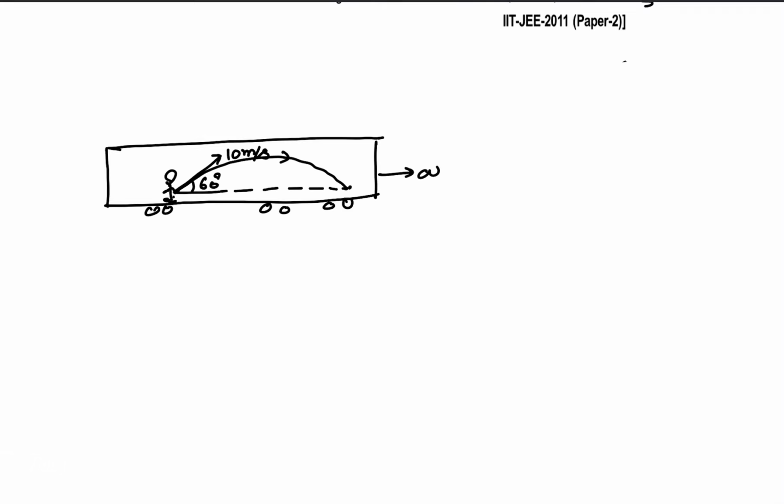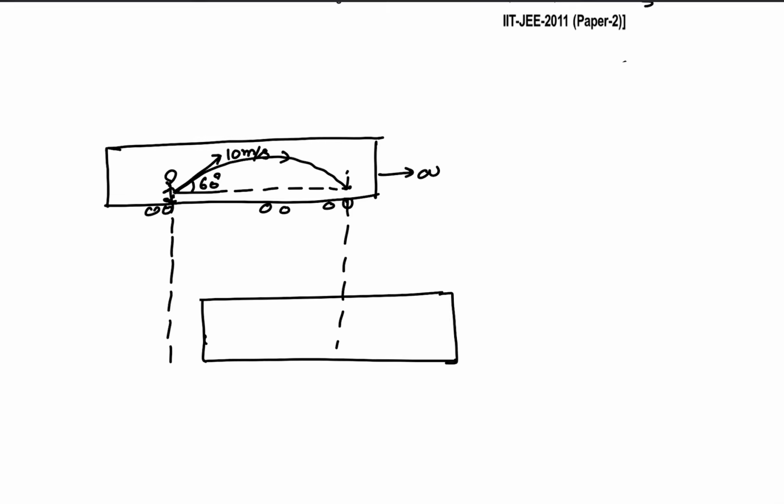The boy has to reach a certain point. The train is moving in the forward direction, and he has moved a distance of 1.15 meters.